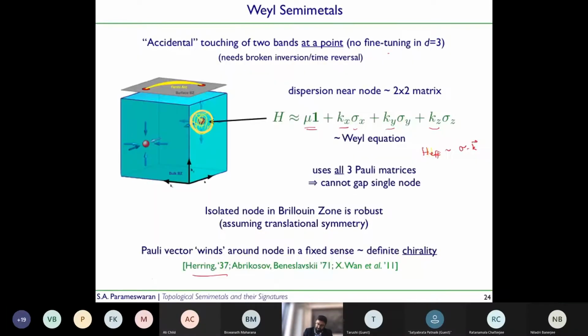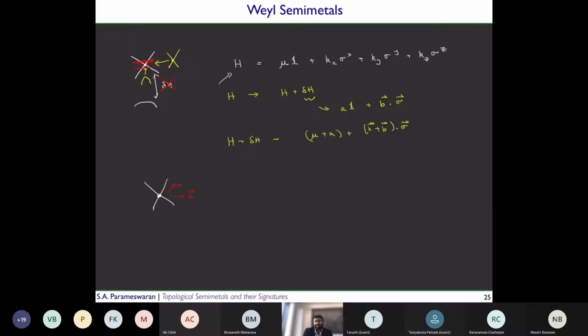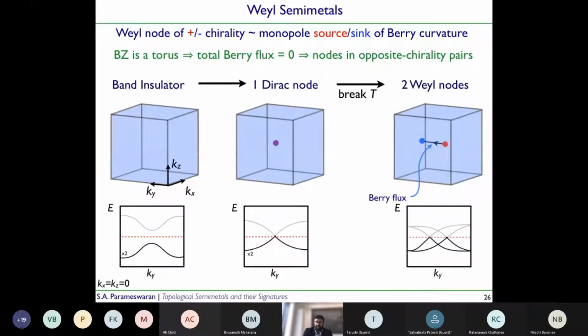But if I go across this other node and integrate across this closed 2D surface, the integral of B dot dk is equal to -1, over 2 pi or whatever. And if I do the integral of B d2k here, this is equal to +1. So these are monopole sources and sinks of Berry curvature. And that's the key to understanding the non-trivial properties of these Weyl semimetals.